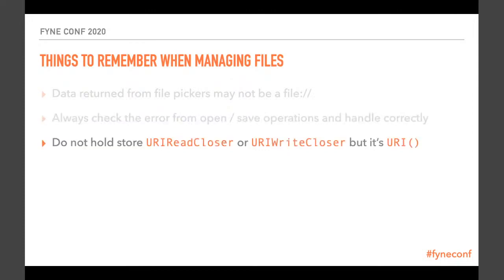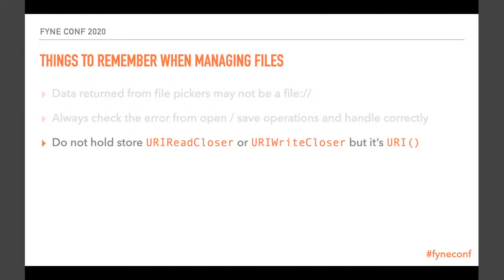Another important thing here is don't hold open a reference to a URI read closer or a URI write closer, just like it would be a bad idea to hold open an os.File. These are resource pointers into the data stream, wherever it's coming from. Whether it's a local file, a remote resource, or something in between, you're going to be holding an operating system resource there.